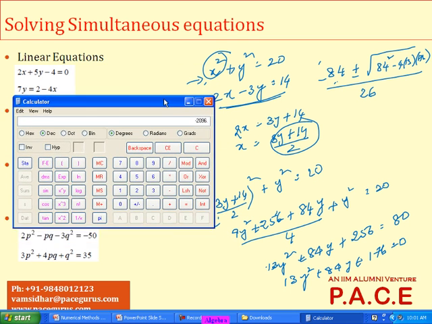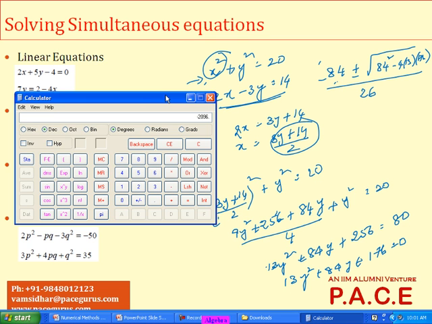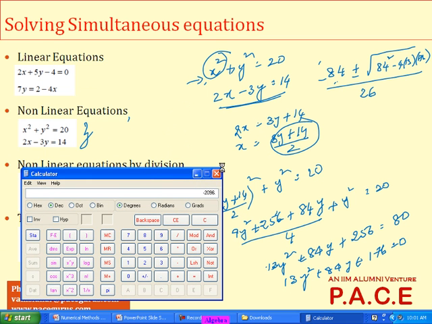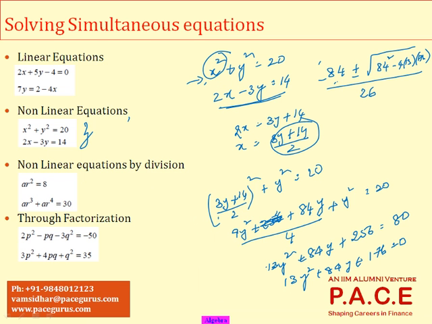If we have not made any kind of a mistake, then this is not a problem at all. 2x equal to 3y plus 14, x equal to (3y plus 14) by 2 whole squared plus y squared equal to 20, 9y squared plus 14 squared is 256. Oh, 14 squared actually is not 256. Let me correct it. 14 squared is 196. This is where we made a problem.